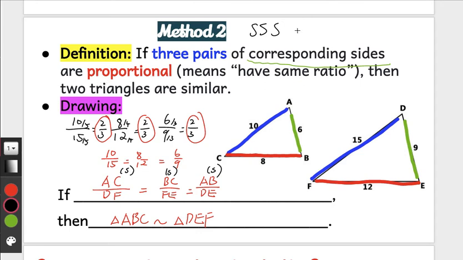In order to distinguish it, I'm going to write down that this is SSS similarity. So that's the second method. In this video, we are going to introduce the first 2 methods. And in the following video, we are going to practice and check some examples to see how we actually use these methods to prove triangles similar.